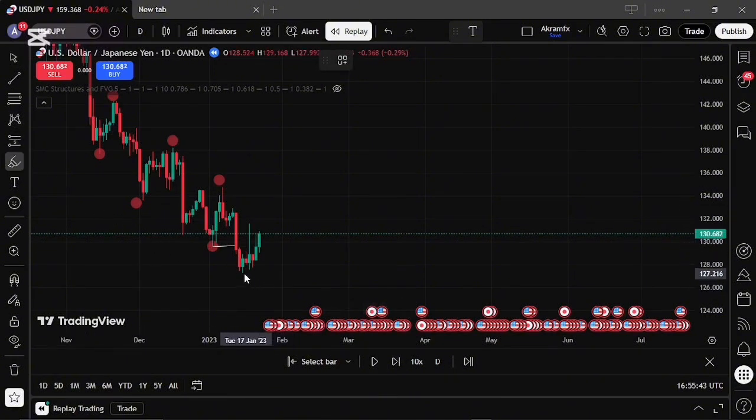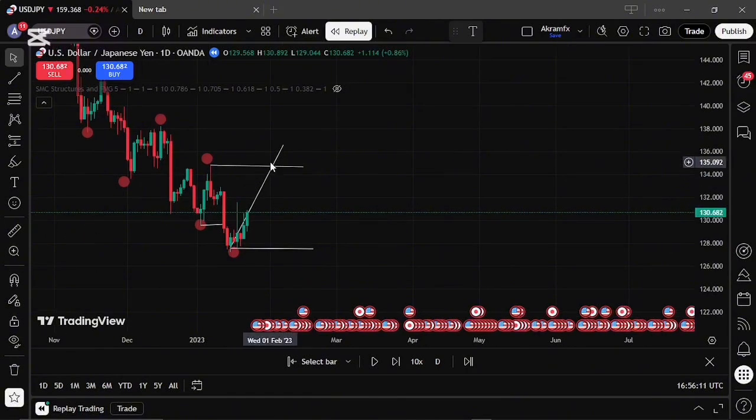So if we've created this deepest lower low, then this is the lower high that has created this deepest lower low. So for us to have a breakout structure, price must come and break above this, so that we are having a strong market structure break. So let's play this out and see how it goes.